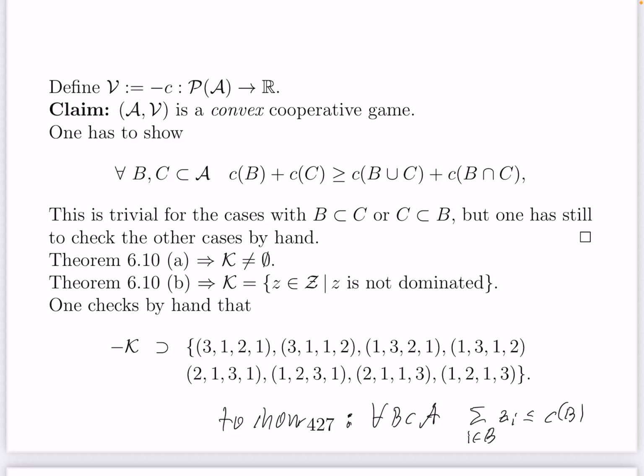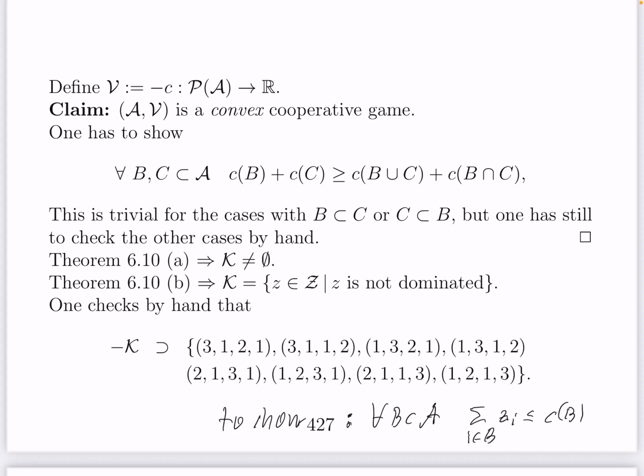For any one player, for one single player, we have the values 1, 2, 3, which are all less or equal to 3, which is the value of a one player coalition. For two of the numbers z_i, we get some value 1 plus 2 or 1 plus 3 or 2 plus 3, but 2 plus 3 I get only if I don't look at the pairs 1, 2 and 3, 4.